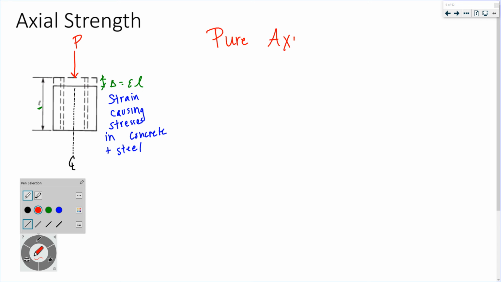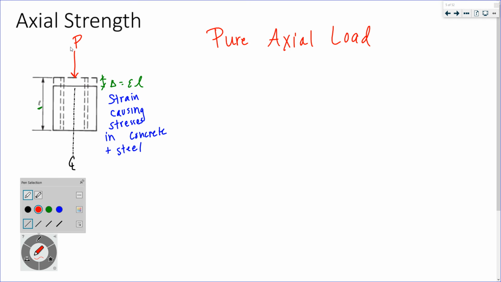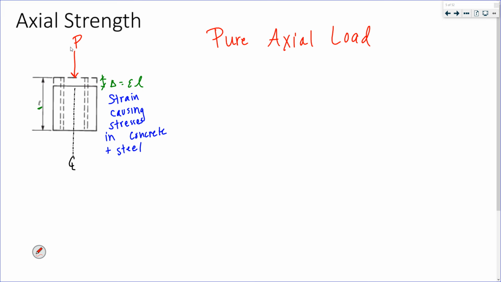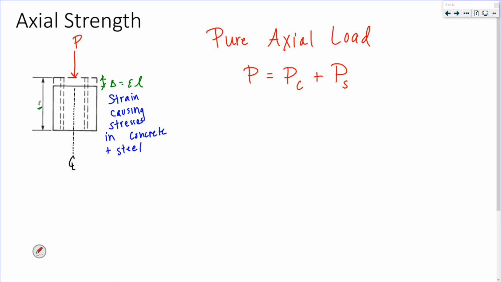So we have a pure axial load. The force in your column, P, is equal to the force in your concrete plus the force in your steel.